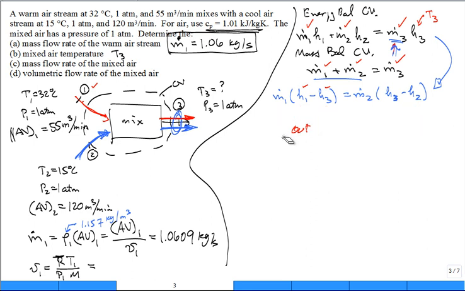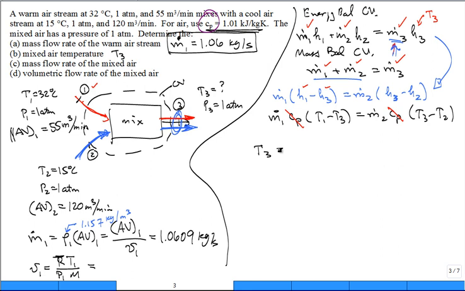If I like to use the specific heats like they encouraged me to right here, then I can say that m dot 1 times C sub P of air times T1 minus T3 is equal to m dot 2 C sub P of air times T3 minus T2. At this point, the C sub P's cancel, and I have an equation that I can use to calculate T3.